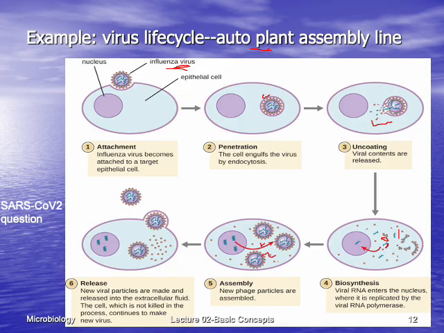Those three baby viruses are released by this cell in this picture, and the cell dies. That happens with the flu in your body. That's what happens to your cells. If you have a cold virus, that happens. And even SARS-CoV-2, the fancy name for the COVID-19 virus.